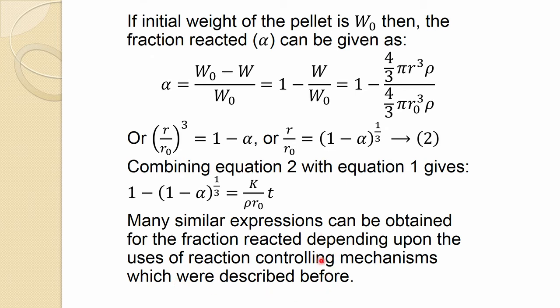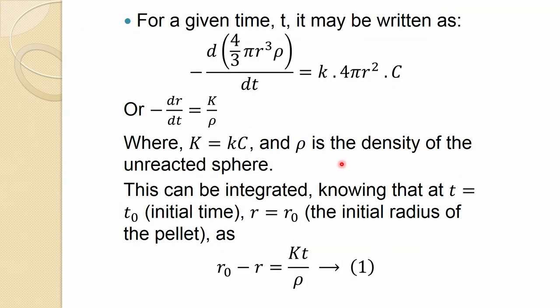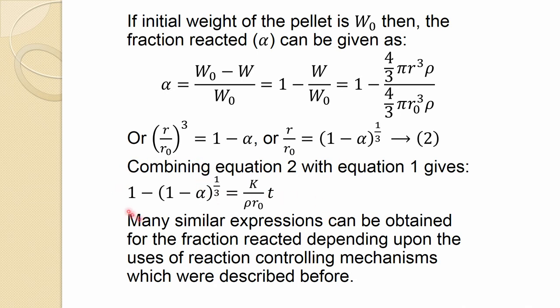As we said, there are many mechanisms which can control the reaction, and depending on which mechanism you use, you have to start the reaction equation accordingly. That will change, and you can get slightly different expressions for that.